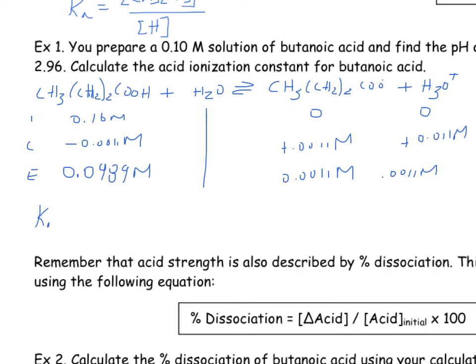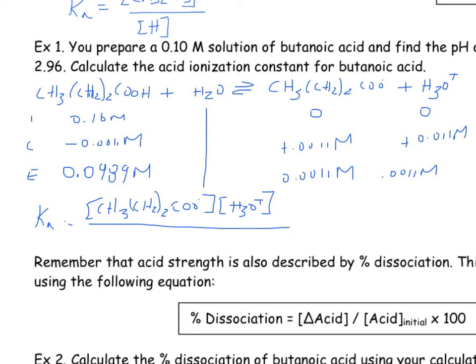The Ka for this equilibrium will be the concentration of the products raised to their coefficients divided by the concentration of the reactants raised to their coefficients, ignoring water.